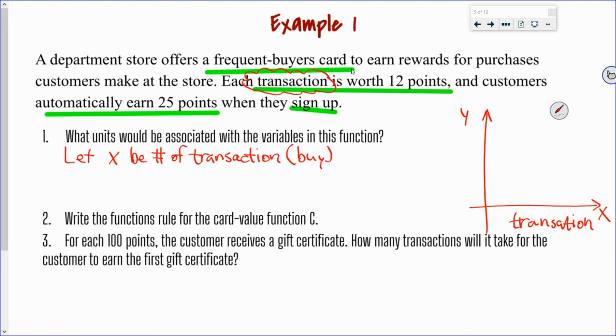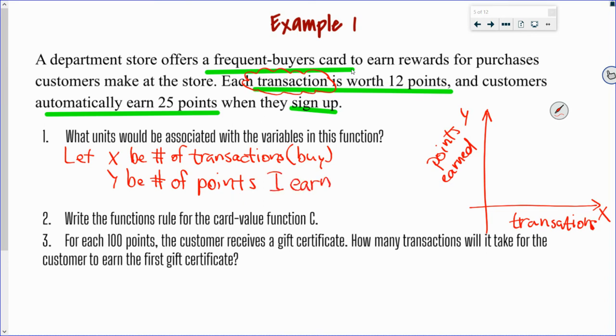So if my transactions are my independent variable, my dependent variable, my Y, is what? The points that I earn. So you want to write that down too. Let X be the number of transactions, and let Y be the number of points I earned.